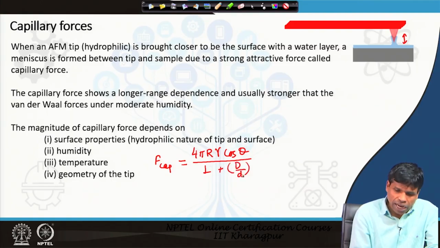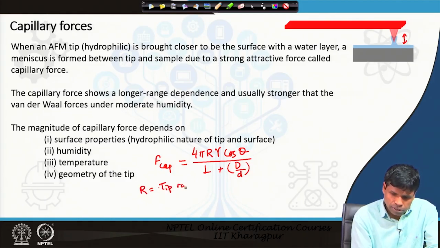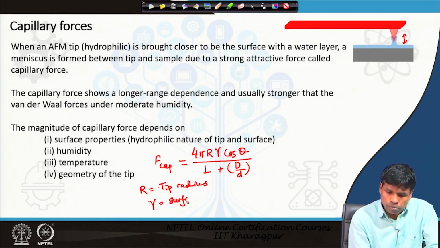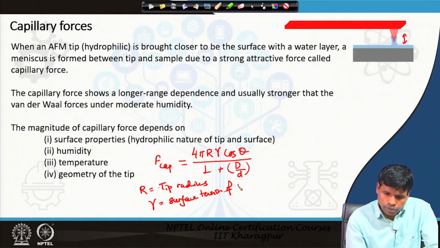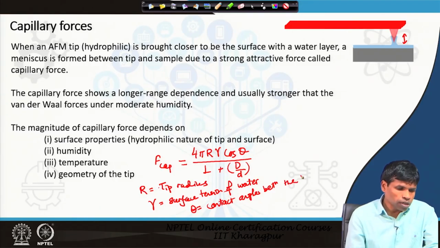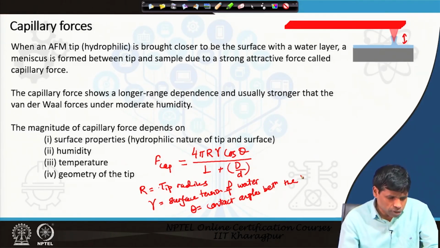Here r is the tip radius, and gamma is the surface tension of water, and theta is the contact angle between the water vapor interface and the tip.